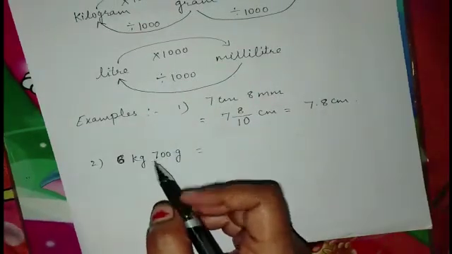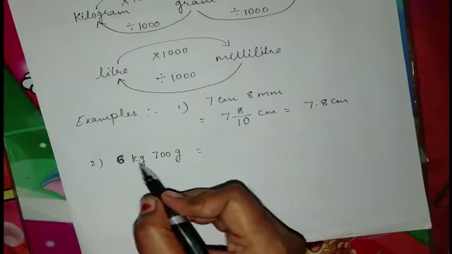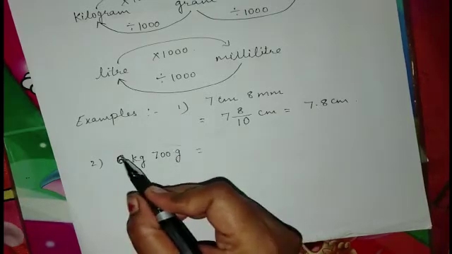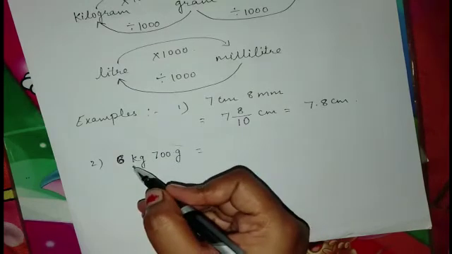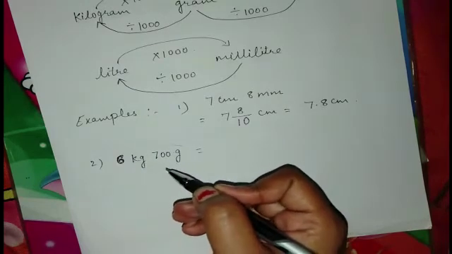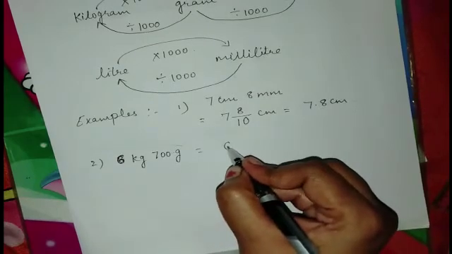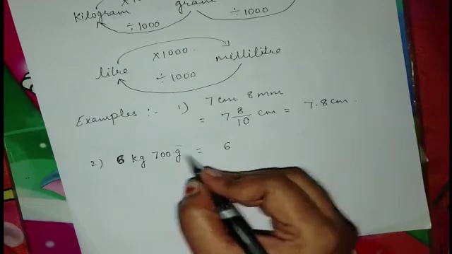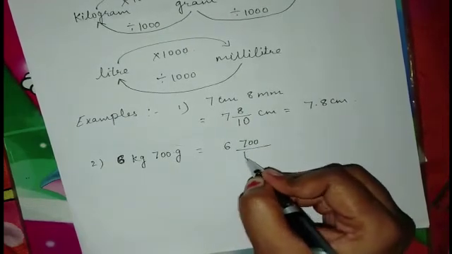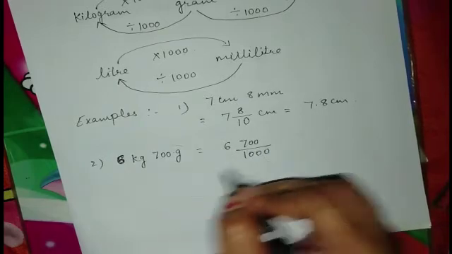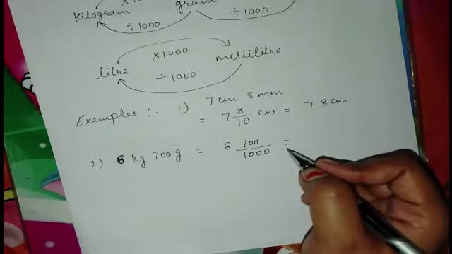Our next example is 6 kg 700 gram. So 6 kg, we have to convert 700 gram into kg. Gram to kg, it means we will divide by 1000. So we write 6 as it is and 700 we divide by 1000. 700 divided by 1000, what will we get?